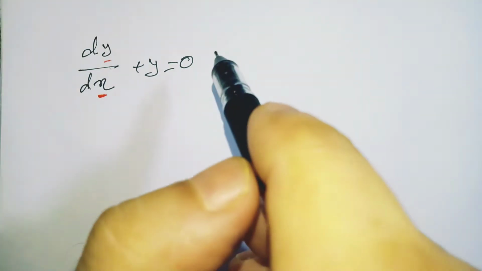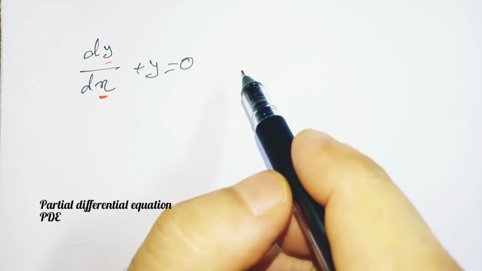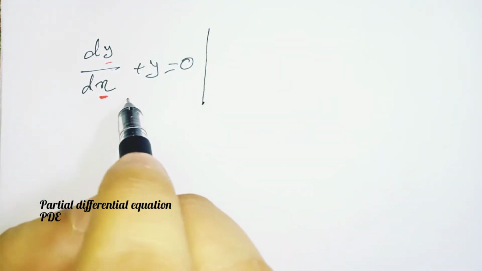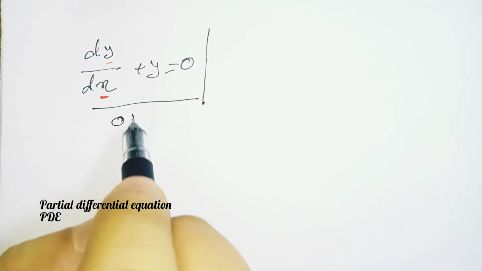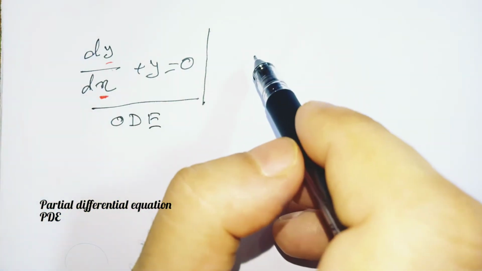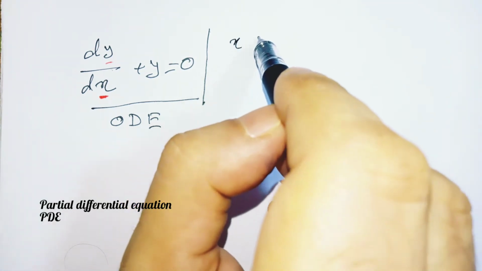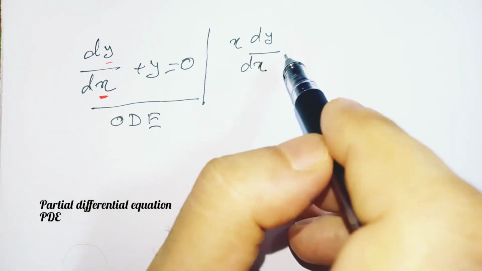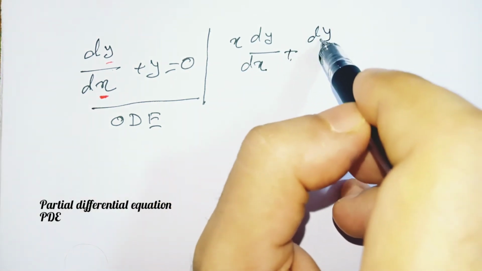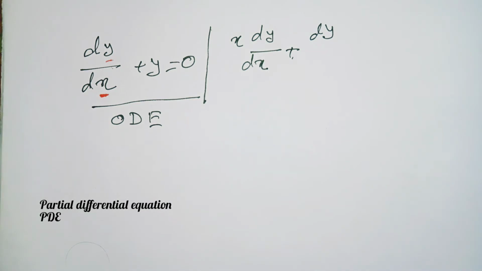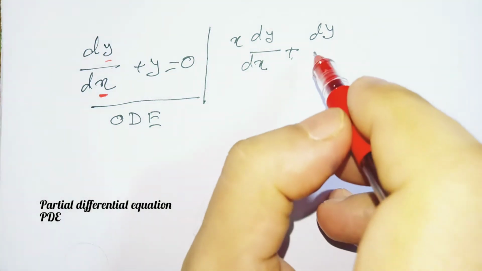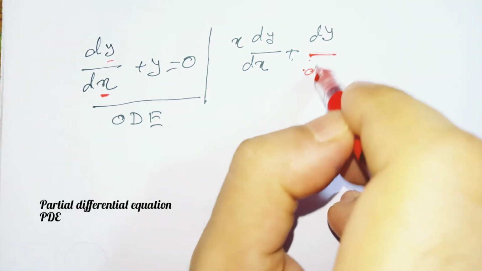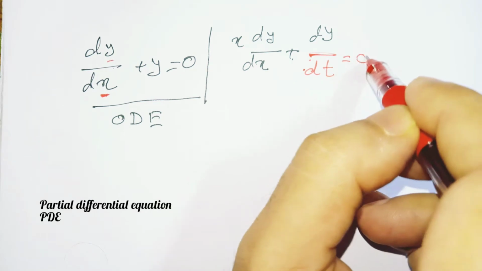Now if I ask what is a partial differential equation, let me draw a bar so that you can understand. This part is what is called an ODE, or ordinary differential equation. So what I can do is write, for example, x of dy by dx, plus I include another variable, dy by dt equals 0.